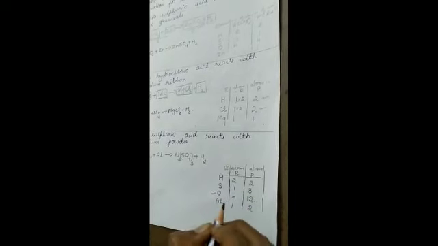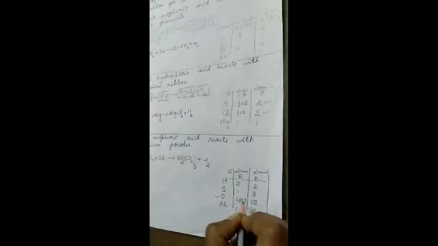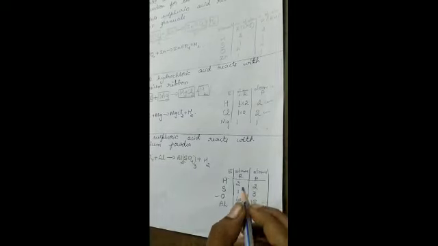So how will you make this into 12? Which number must you multiply by? It is by 3. So when you multiply by 3, it becomes 12. That means here you will multiply by 3.